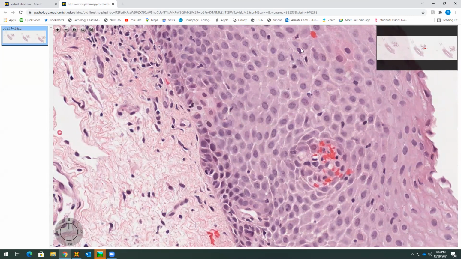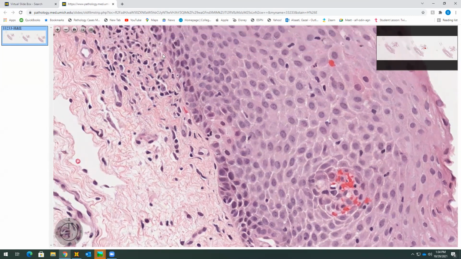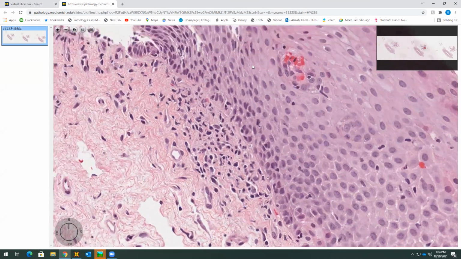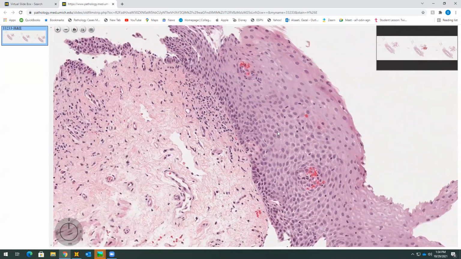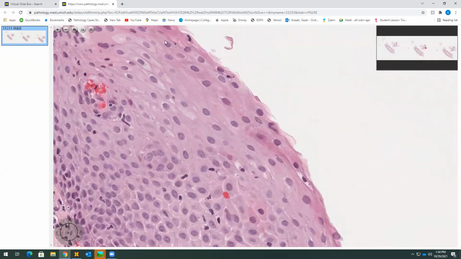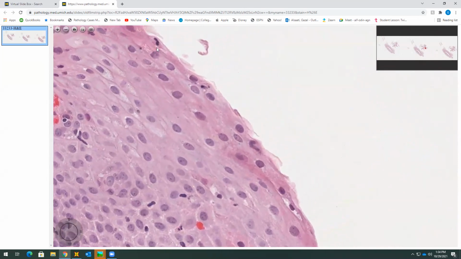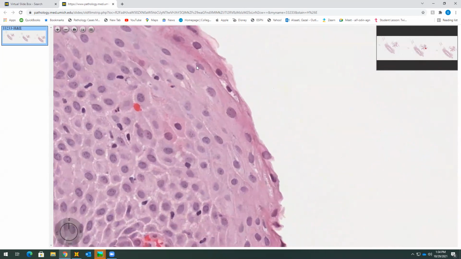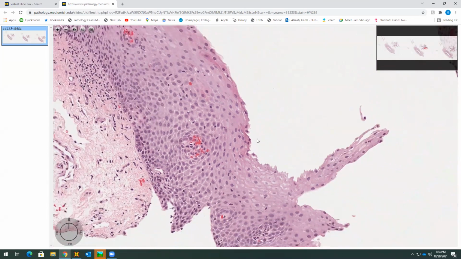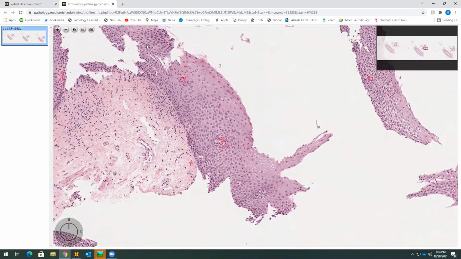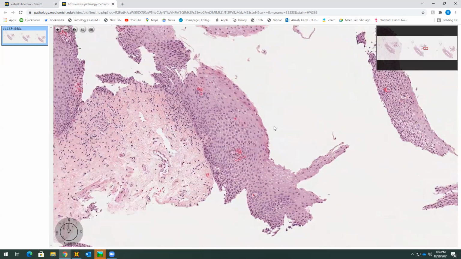And you have scattered lymphocytes, 1, 2, 3, 4, 5, 6, 7, whatever. And you don't have any eos, okay? And you don't have any neutrophils on the surface. This might be a neutrophil. Anyway, I'm going to ignore it to make a point. This is a good reflux case, okay?